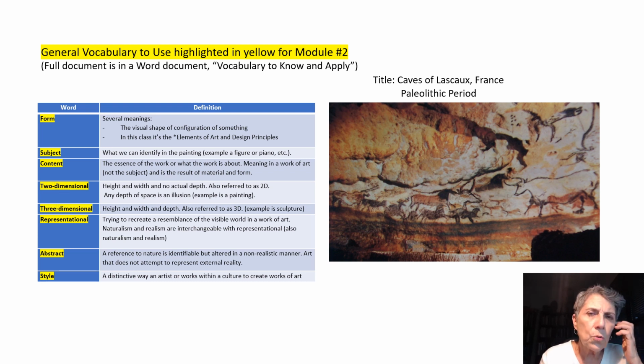And then you have these words, representational. Now, representational is the same thing as figurative, and it can be realistic. Wow, that work is realistic. So I'm looking at those bulls and I'm saying, well, that work is realistic, or that work is figurative, or that work is representational.